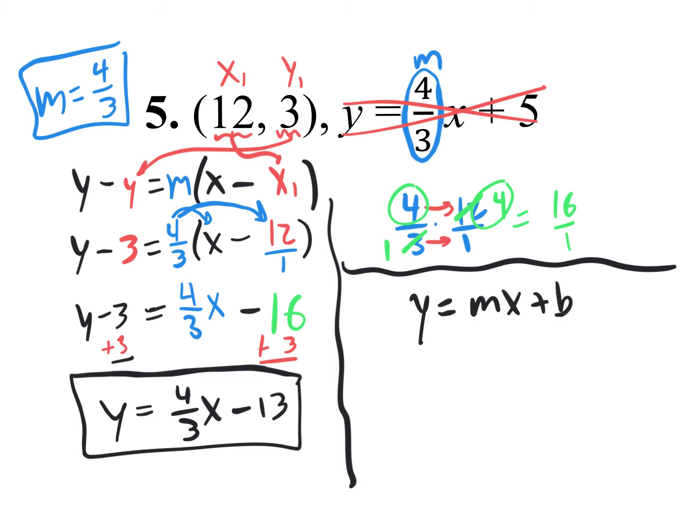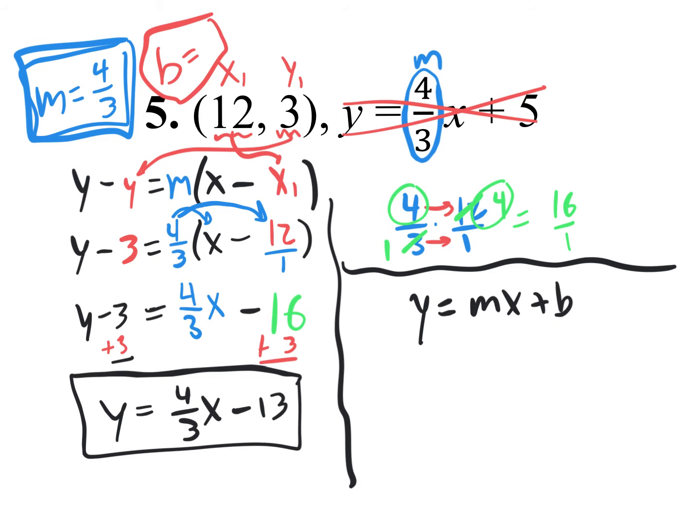Well, I would put my y value of 3 right here and my x value of 12 right there. Even before doing that, I need to understand that for me to write an equation in slope-intercept form, I need an m, which I have, and I need a b, which I don't have right now, in order for me to write in y equals mx plus b.